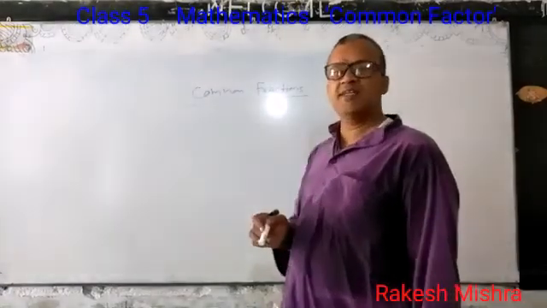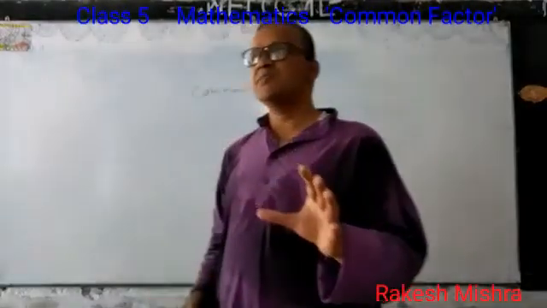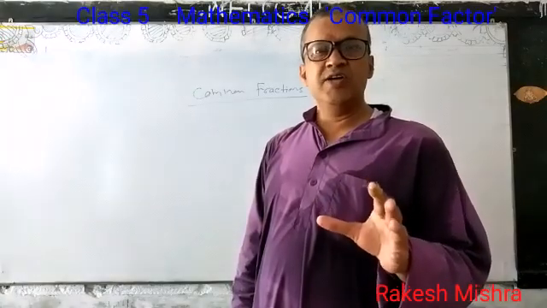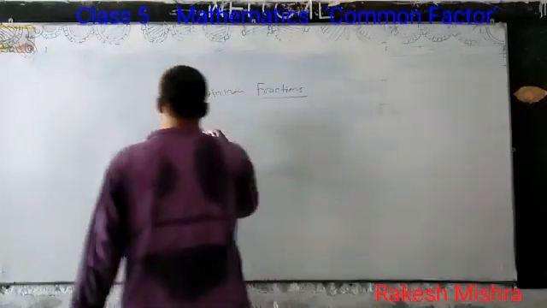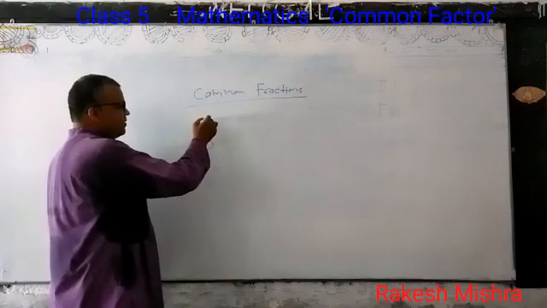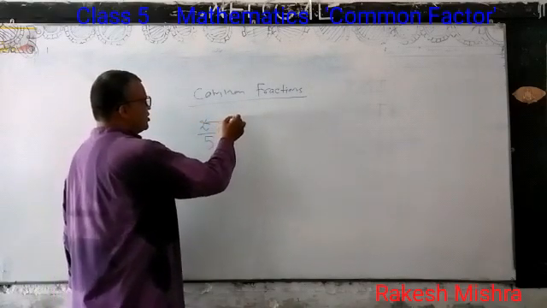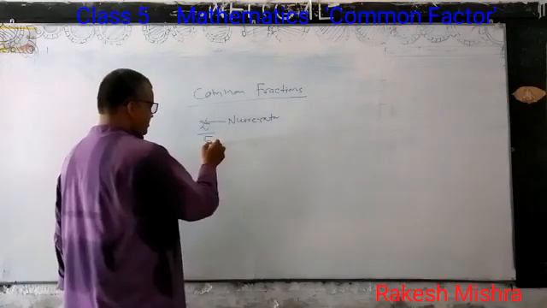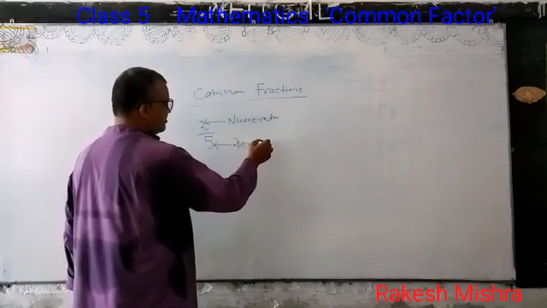A question arises in our mind: what is fraction? Fractions are numbers which have numerator and denominator. Take an example, 2 by 5. Here above number 2 is known as numerator, and this number 5 is called denominator.